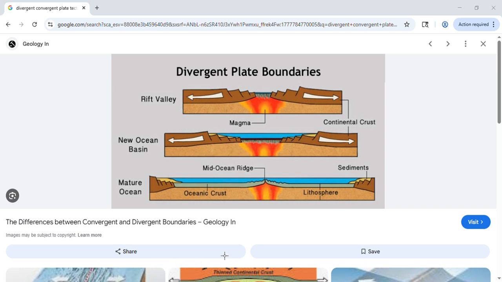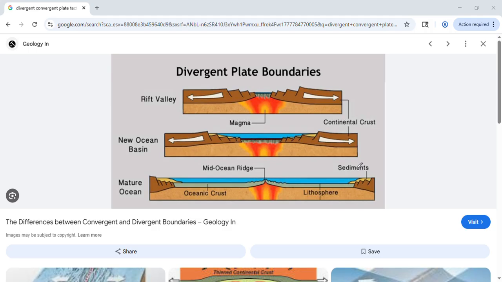This area, the plate boundary, has frequent earthquakes and volcanoes because the movement of plates is not smooth.